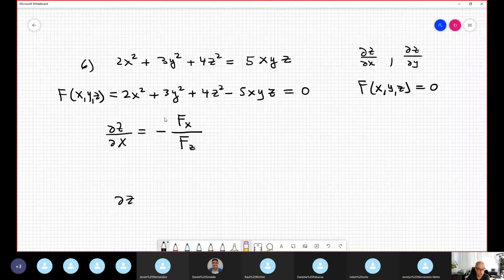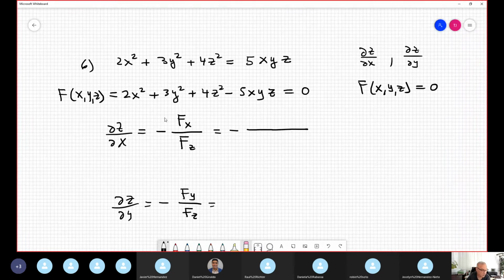Likewise, the partial of z with respect to y is similar: minus capital F differentiated with respect to y divided by the same function differentiated with respect to z. Let's do it quickly because it's too easy. You put the minus here in the front, and you differentiate this expression with respect to x.